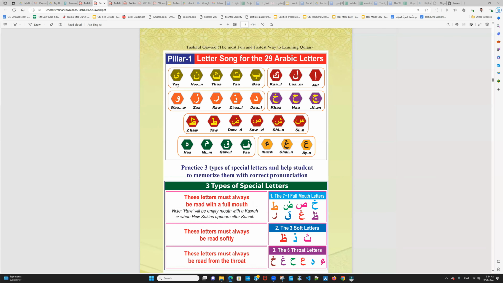So in level 1, we are focusing only on 29 letters. A student will memorize 29 letters with this letter song, and from there a student is going to focus on 3 types of special letters also in level 1.